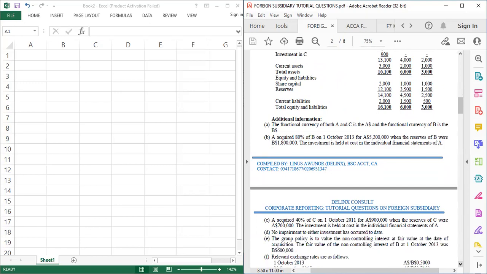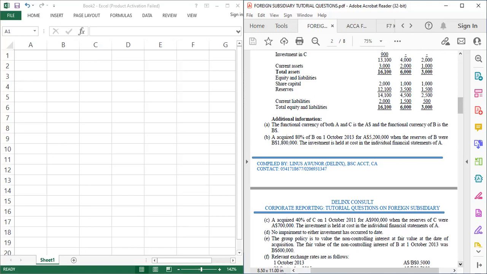B. A acquired 80% of B on October 1st, 2013 for 5,300,000 when the reserves of B were 1,800,000. The investment is held at cost in the individual financial statements of A. C. A acquired 40% of C on 1st October 2011 for 900,000 when the reserves of C were 700,000.